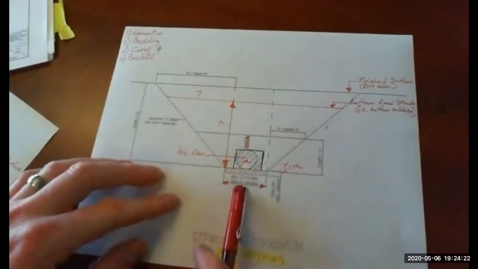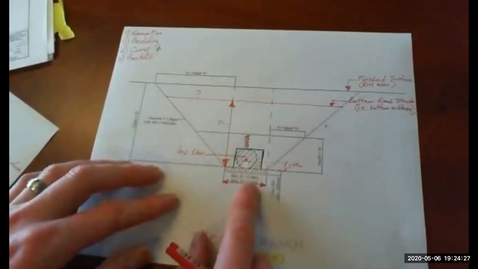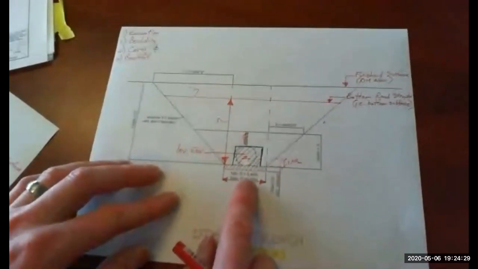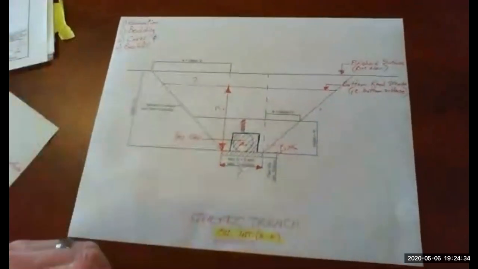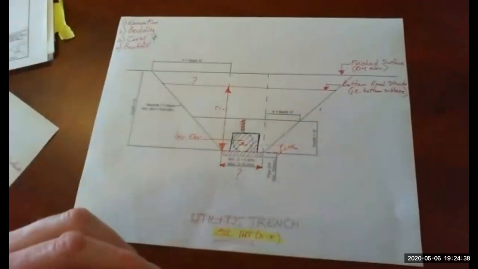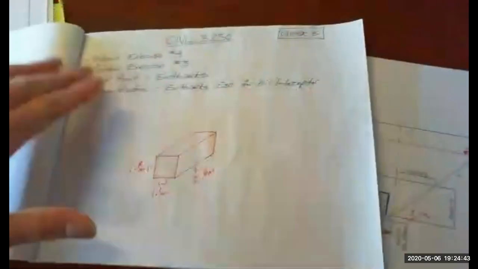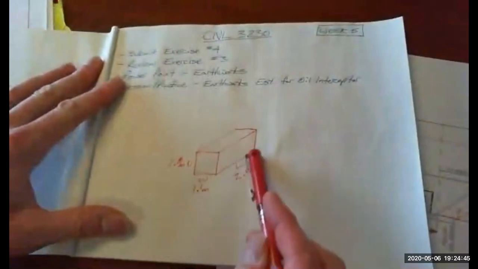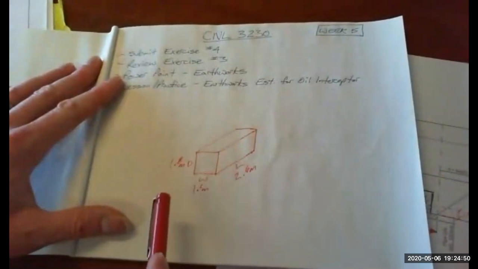Now, this note down here where we have a minimum pipe diameter plus some distance for working room. That's what the additional 0.45 meters is for the crew to be in there working. So when you calculated for your Oil Interceptor, you should have added additional distance for length and for width when you dug the hole, when you excavated the hole, so that the crew could be working around down there.